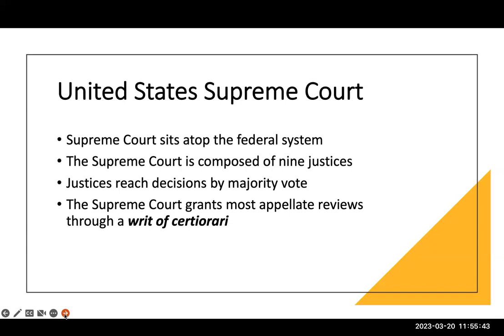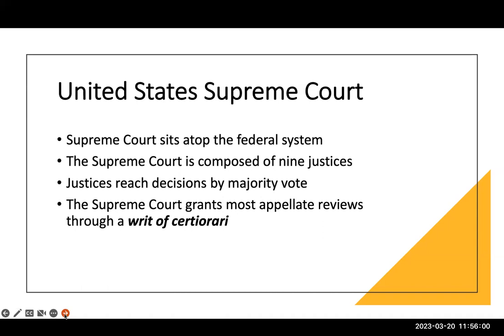If the Supreme Court does agree to hear something, usually that's done through what is called a writ of certiorari. Again, that just simply says that the Supreme Court has agreed to hear the case.